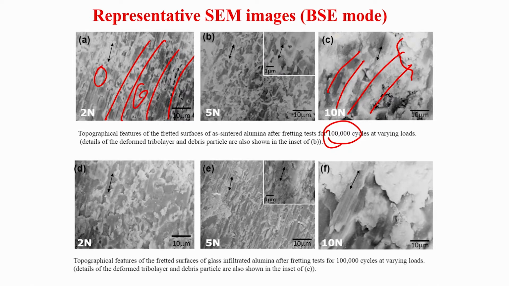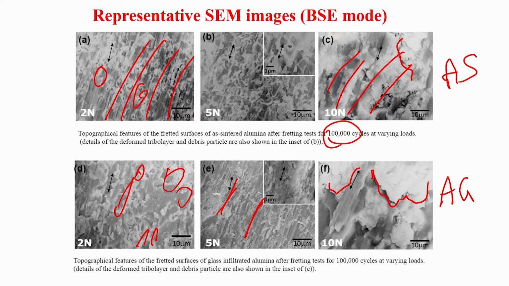There are some observations of cracking also at the 10 Newton load. Now if you look at the glass infiltrated alumina, this is the AG and this is for the AS. In the glass infiltrated alumina, even at the 2 Newton load, which is a very small load, you can see a very bright contrast area. This is the tribochemical layer, and at 5 Newton load the tribochemical layer formation is clearly visible, but much less. But at 10 Newton load you can see a very thick, dense tribochemical layer, which appears in a different contrast.